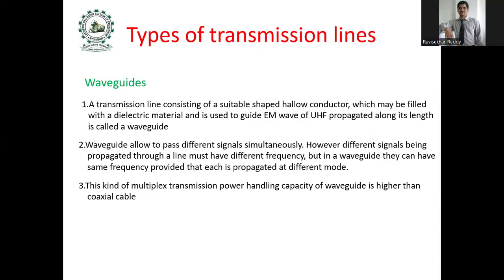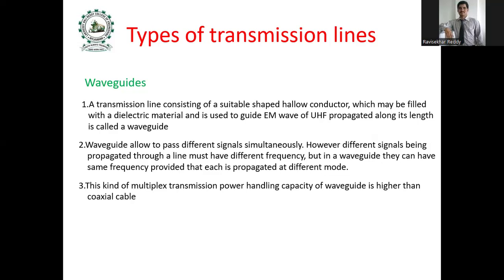So coming to waveguides. Waveguides are hollow metallic structures. A transmission line consisting of a suitably shaped hollow conductor, which may be filled with dielectric material and is used to guide electromagnetic waves of ultra high frequency propagated along its length, is called a waveguide. A waveguide allows different signals to pass simultaneously.